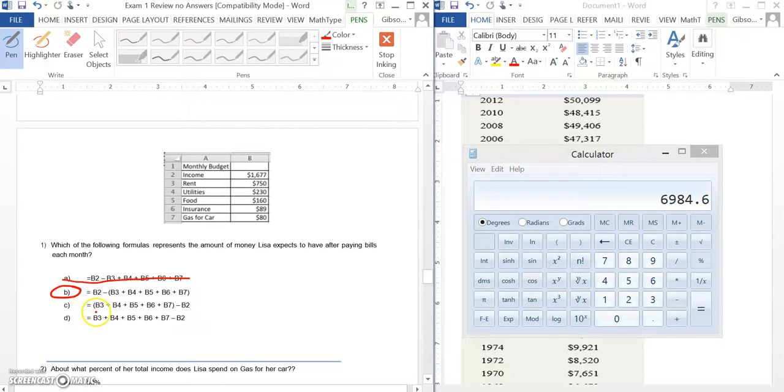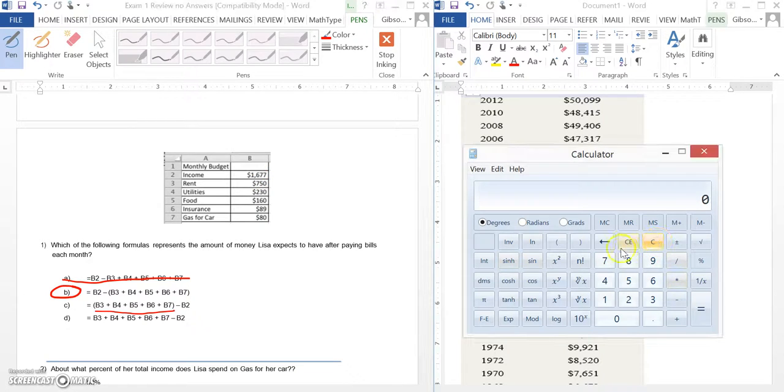Okay, if you notice here with C, we added up all the cells, then subtracted the income, but that would give us a negative value because the bills cannot exceed the income. But let's just take a look here.